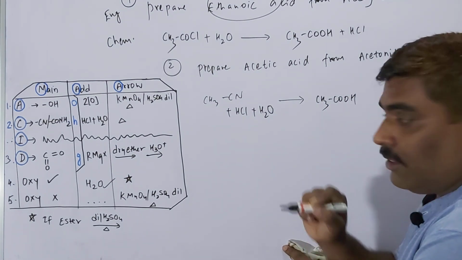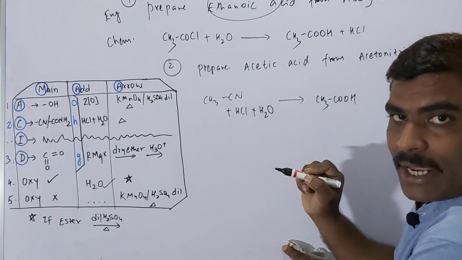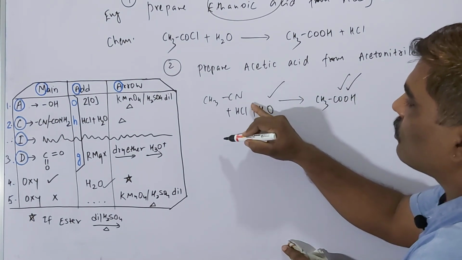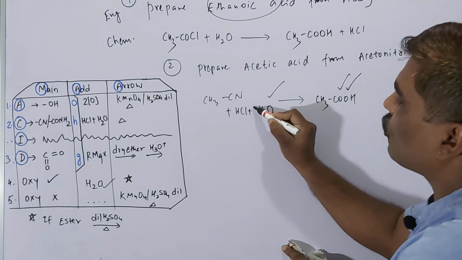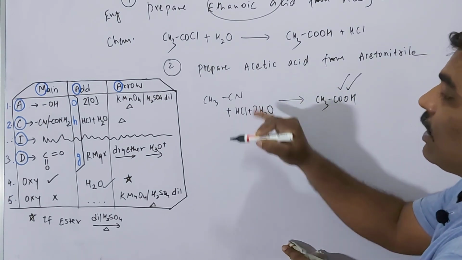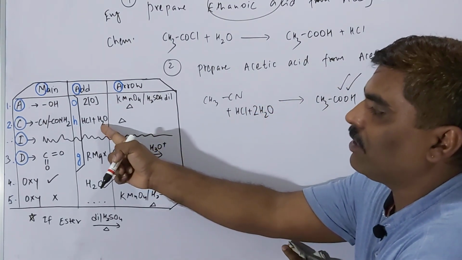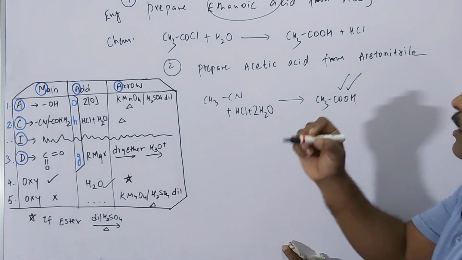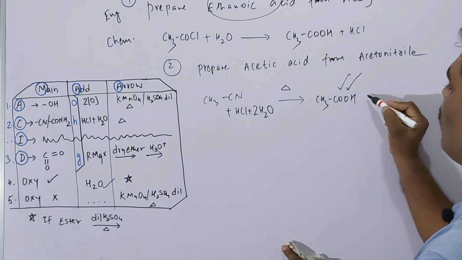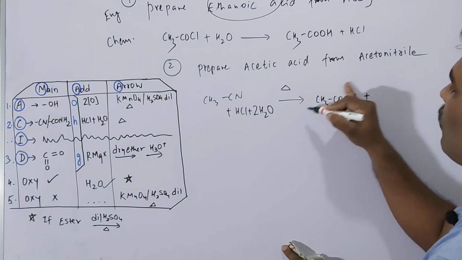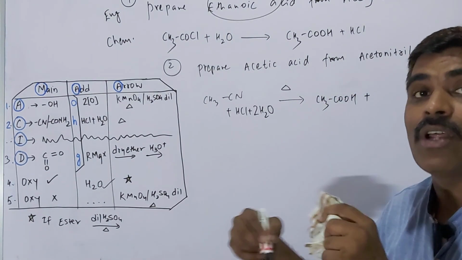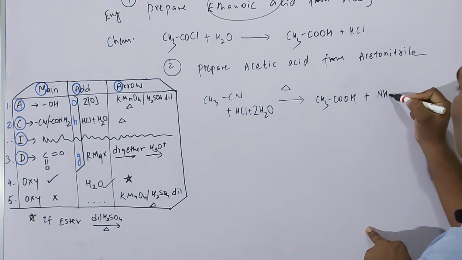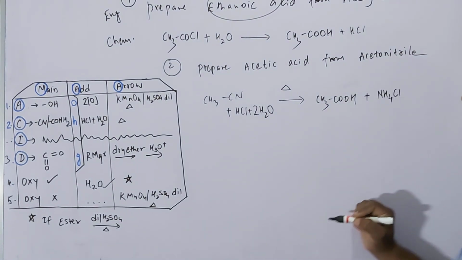As you see on the product side, two oxygens are there. Here we have one, so we have to balance. We should write here 2. See, in the formula table 2 is not given here because amide is also there. That's why. Now when heated, if you try to find out left side, right side, what is extra on the left hand side? Ammonium chloride is extra that you will get.